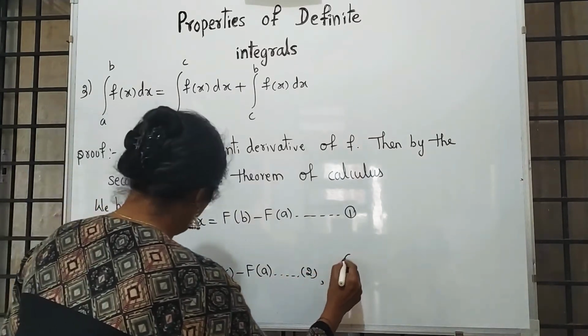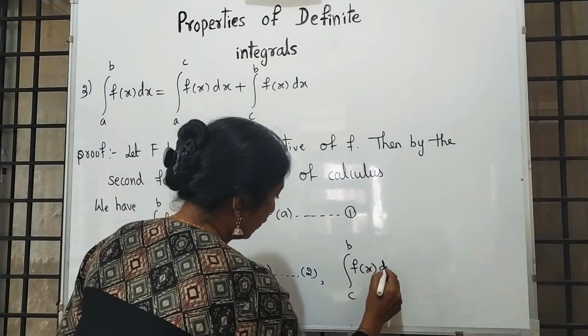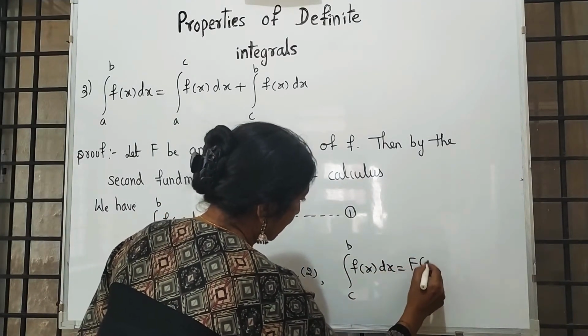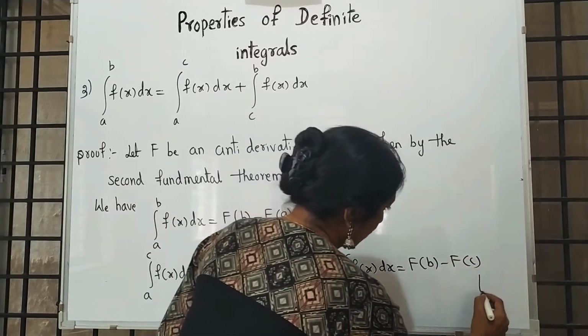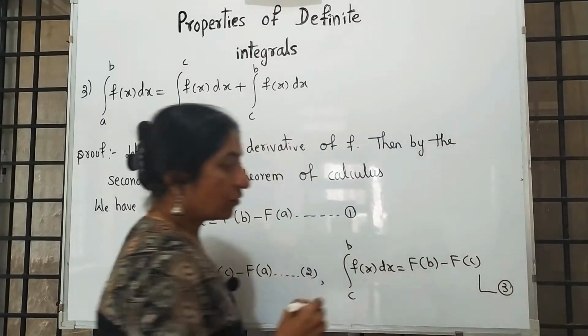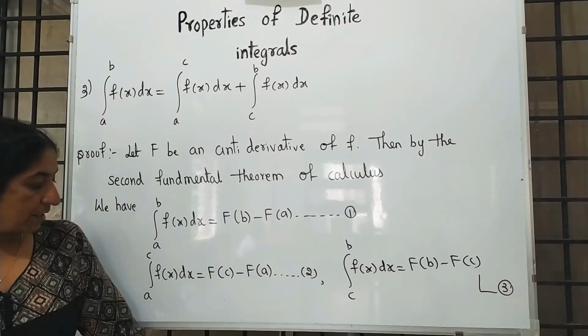Next, integration from c to b, f of x dx, is upper limit minus lower limit. This is equation 3. So I just applied the fundamental theorem, that means upper limit minus lower limit.